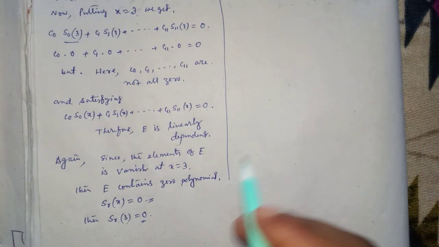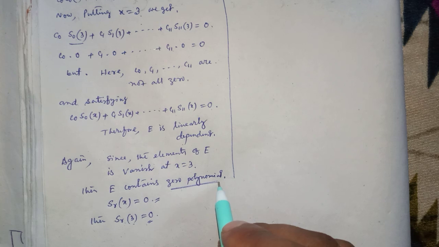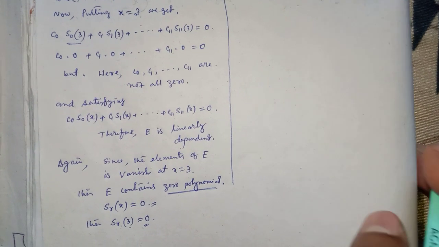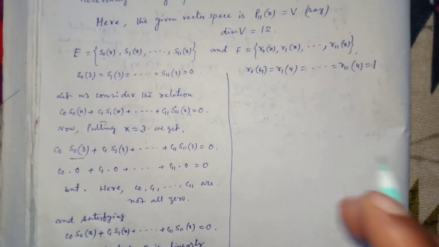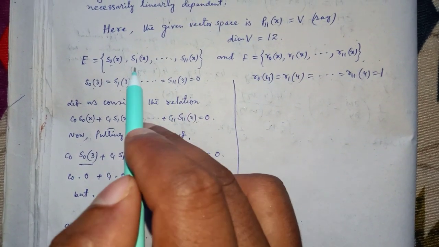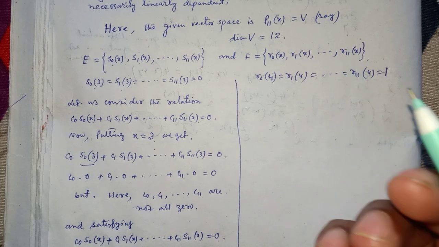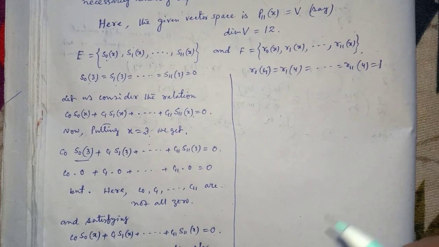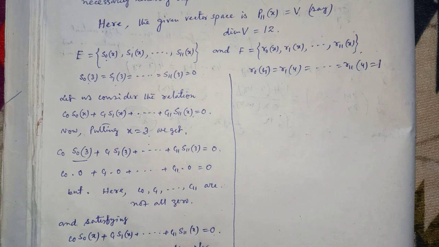Therefore, E contains a zero polynomial. We know that any set containing the zero element is obviously linearly dependent. Therefore, E is linearly dependent.